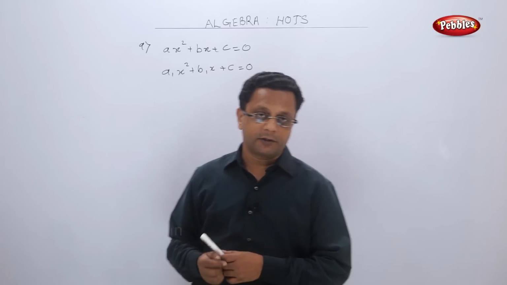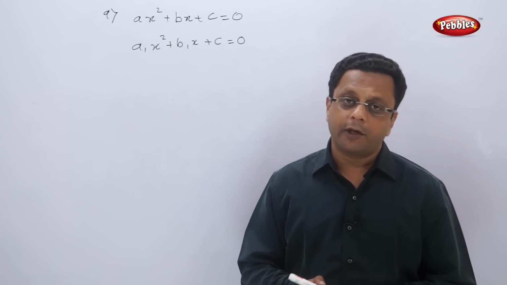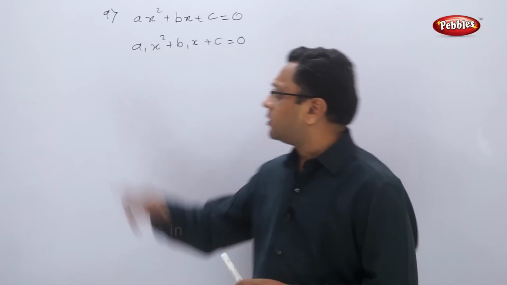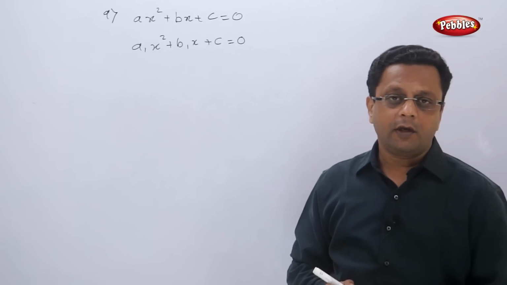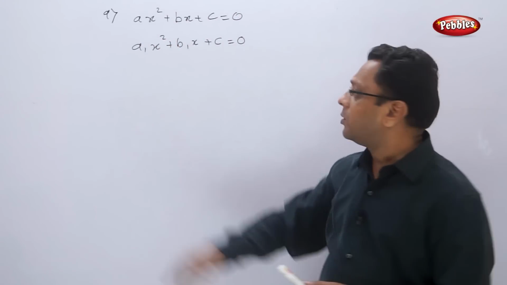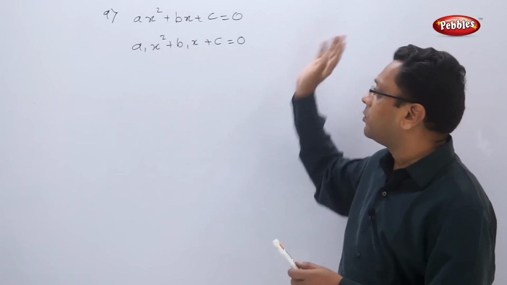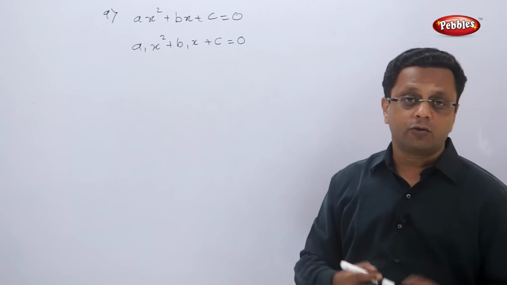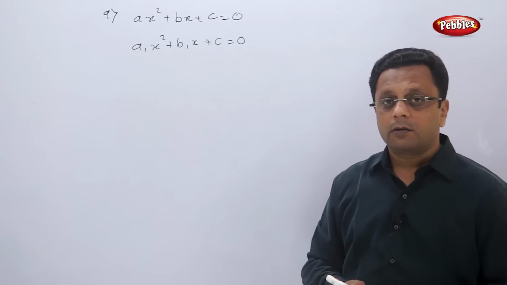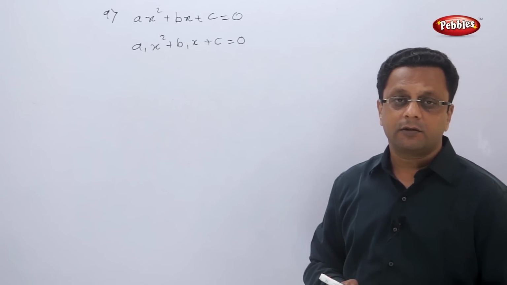How will you solve this? Now here it is just a trick. Okay, forget about this a and a1. If it is 2x square plus 5x plus 6 equal to 0 and 4x square plus 3x plus 2 equal to 0, what do you generally do to solve these simultaneous equations?